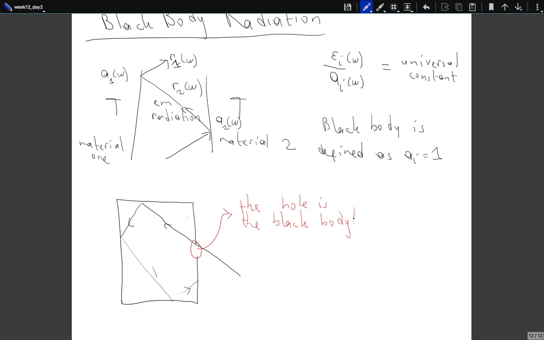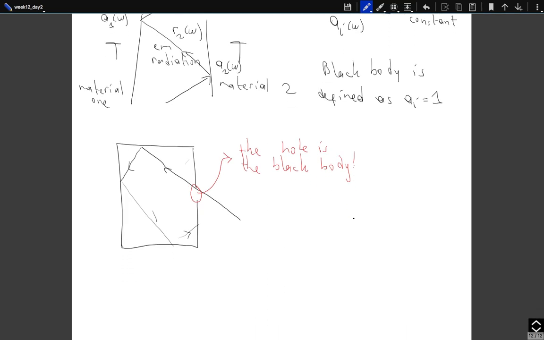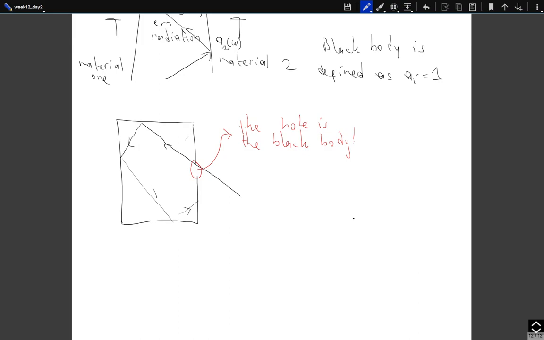It's that hole. Well, of course, from that hole there will also be some radiation emitted. And that radiation emitted from the hole will be determined by the radiation inside our cavity. So if we study the radiation in thermal equilibrium inside the cavity, then we can calculate the radiation emitted by the hole, which is what we call the black body.